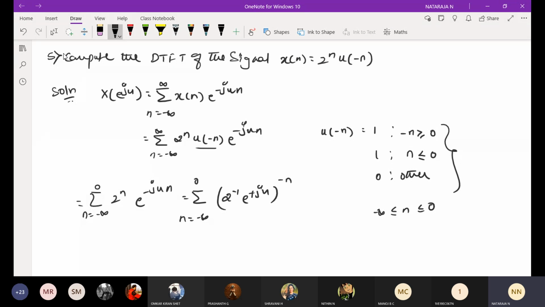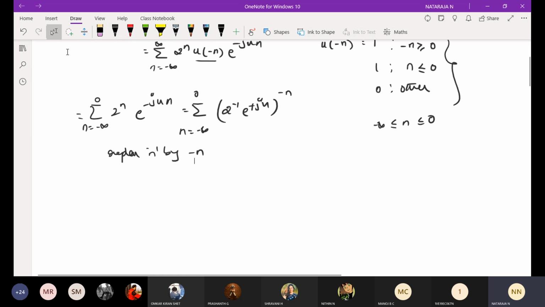Now I'm going to replace n by minus n, so that I get the summation from plus infinity to 0. Minus infinity is replaced by plus infinity because substituting minus n changes the limits.